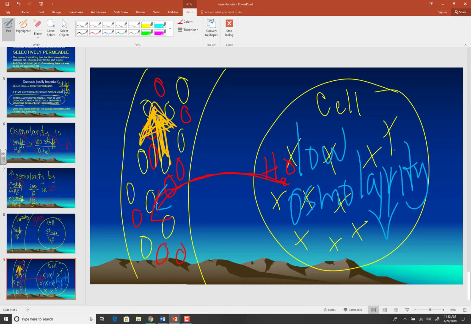So if you're removing the water from the cell and putting that into the blood, the water is going to move from the cell into the blood until the osmolarity of the blood is equal to the osmolarity inside the cell. Now, what is osmosis?